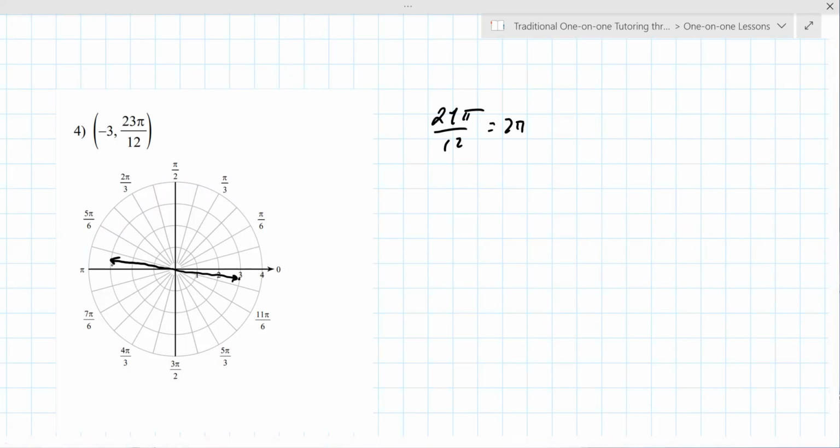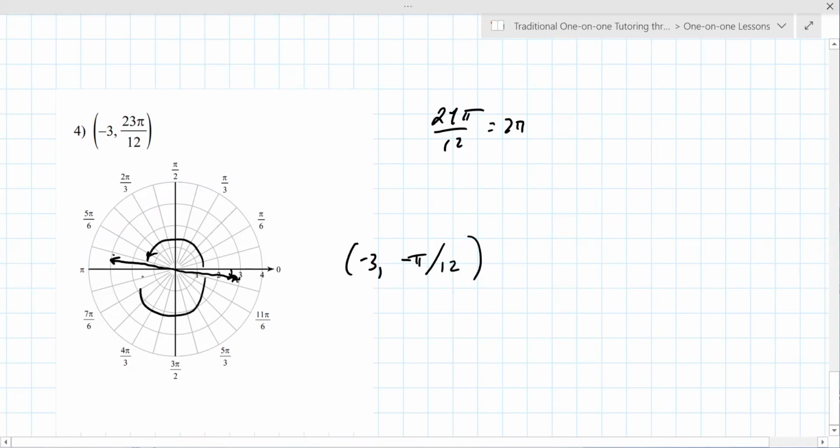So then the question is, how else can you get there? You really want to do the negative one first. So how do you get to this angle going the other direction? That's negative pi over 12. That's the one where you're just coming down and then flipping it. And then the positive ones are the angles to get there from the origin.